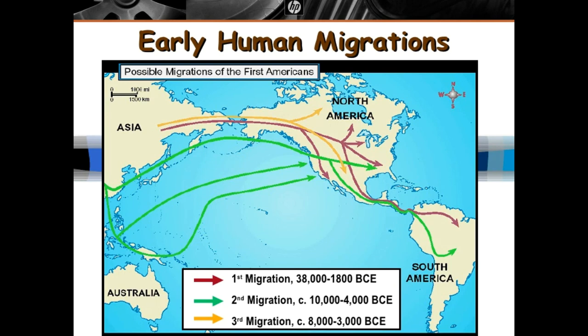So most of the migrations to the Americas, and again, some of these are under debate, especially that second migration, happen long before the development of what we would consider civilization in Mesopotamia and the Indus River Valley and those early pre-classical civilizations.